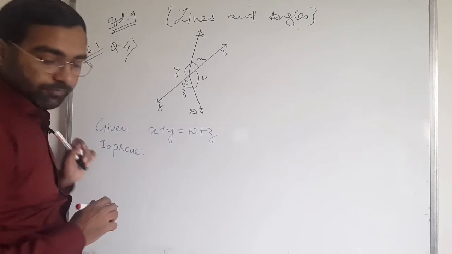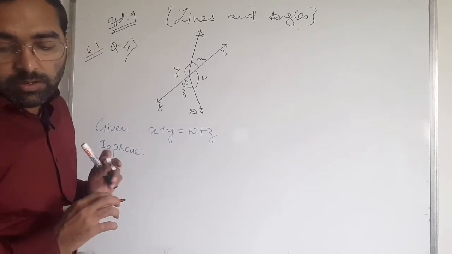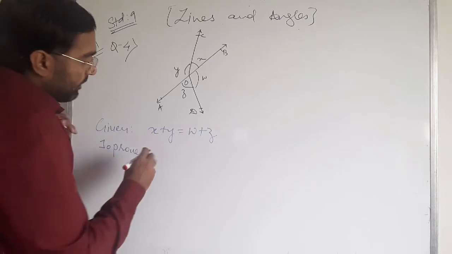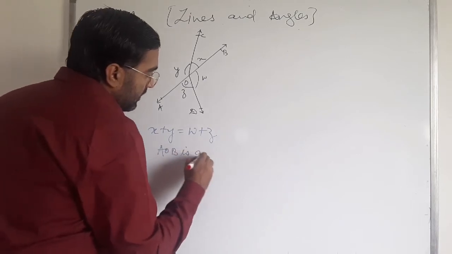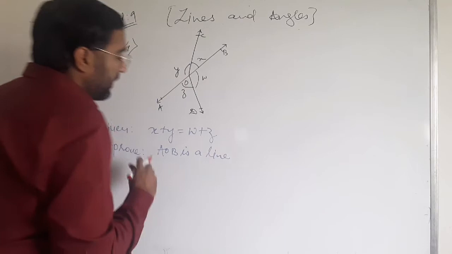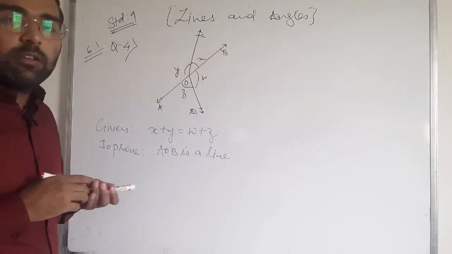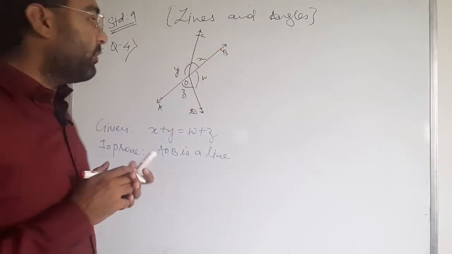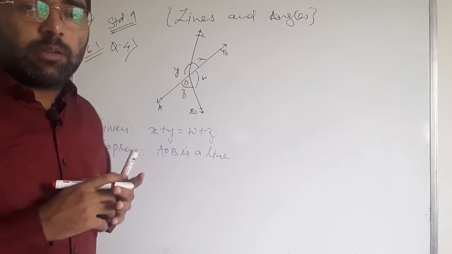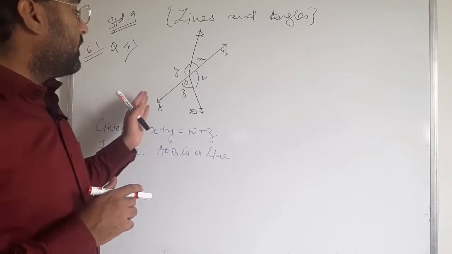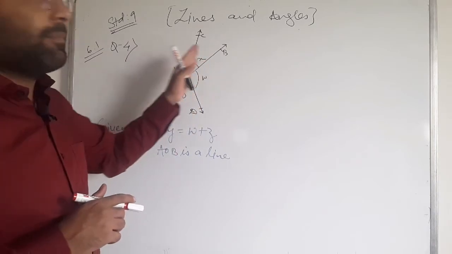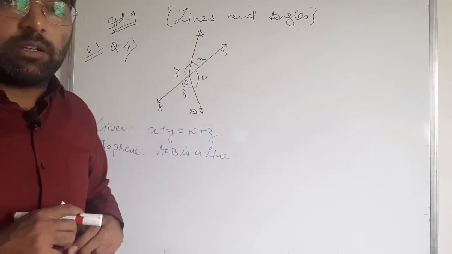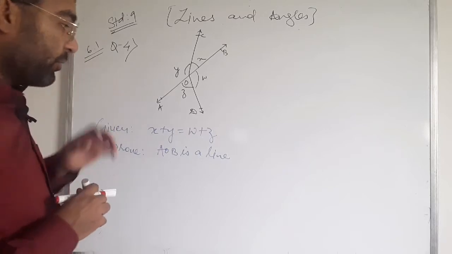We have to prove that AOB is a line, or we just have to prove that AOB forms 180 degrees: angle AOC, angle COB, or angle y plus x forms 180 degrees. Okay, we just have to prove that.